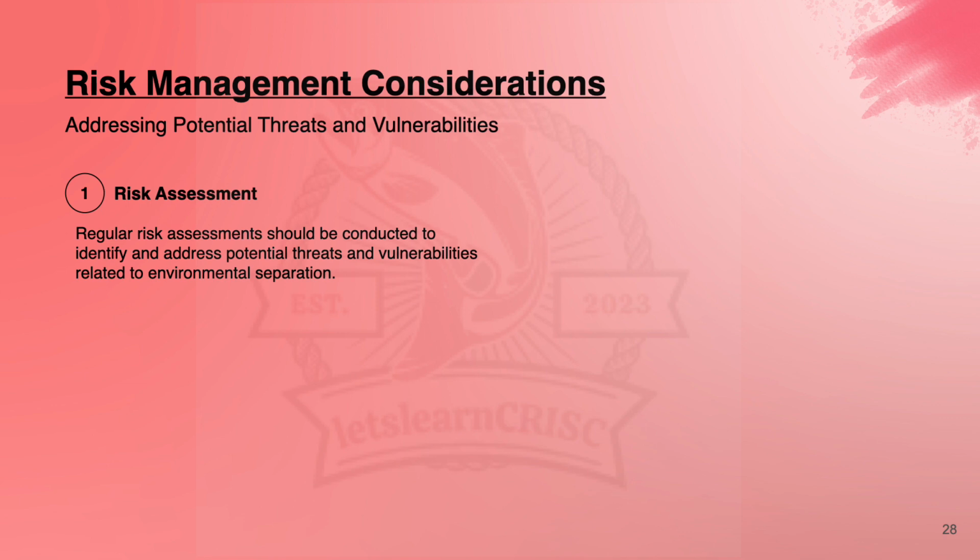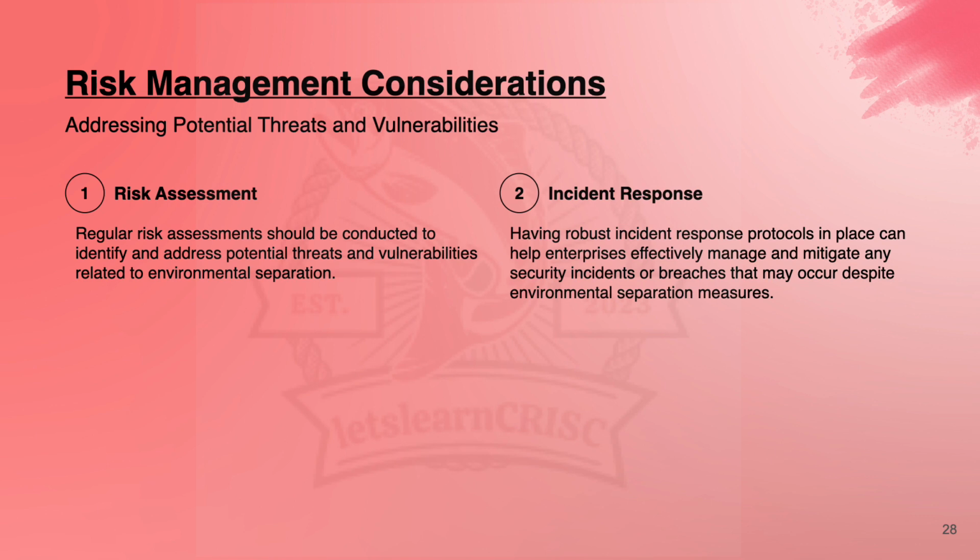Next is incident response. Friends, robust incident response protocols help the enterprise to effectively manage and mitigate security incidents or breaches. This involves having a plan in place to address and contain the issues promptly.